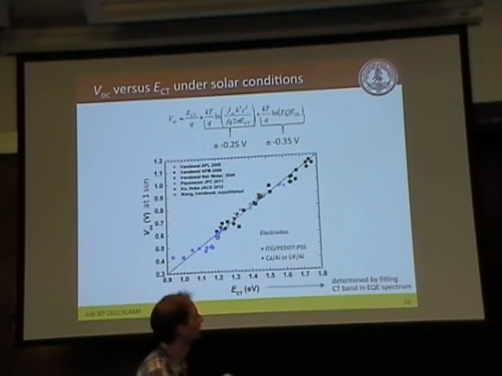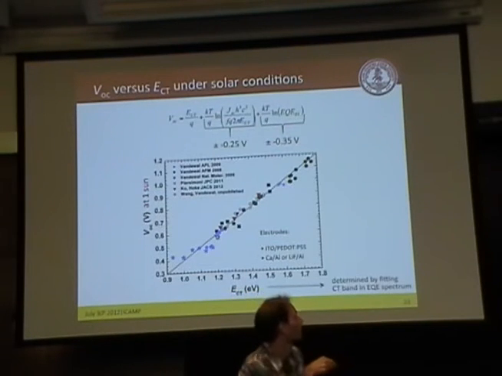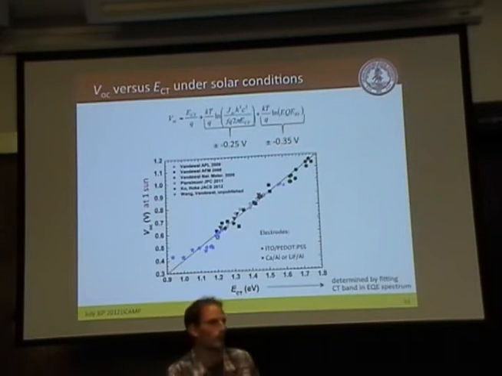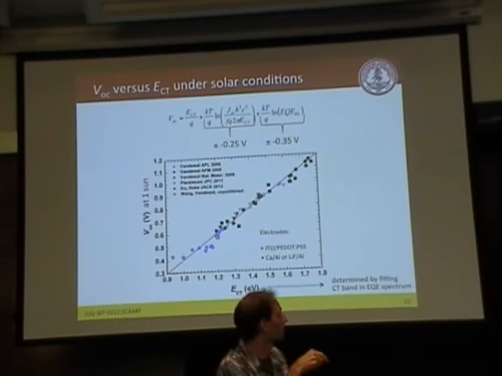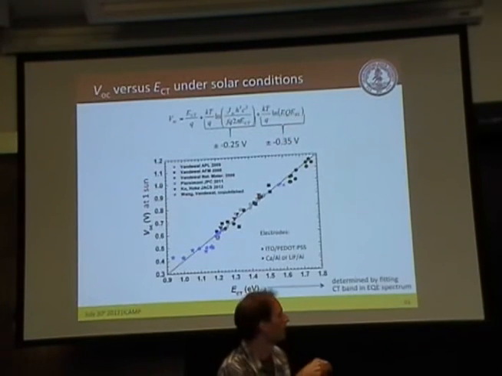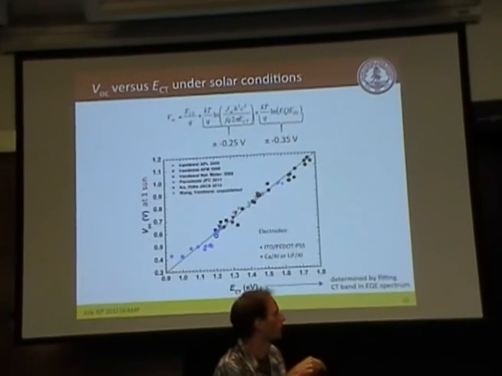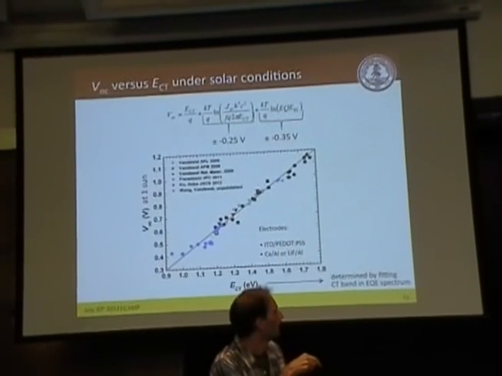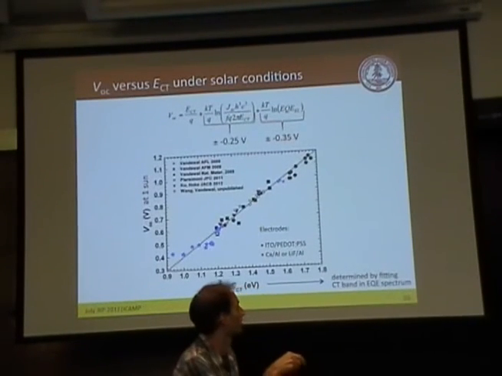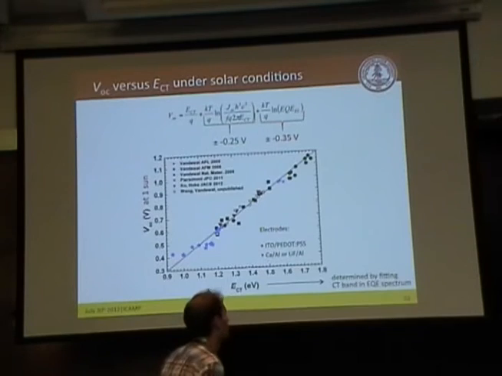It's just that VOC correlates most with the energy of the CT state, and we're not playing much with these two. The variation of these two is very small. Approximately, we calculated, this is always 0.25 volts, and this is always 0.35 volts, or a bit more. You can quantify that.